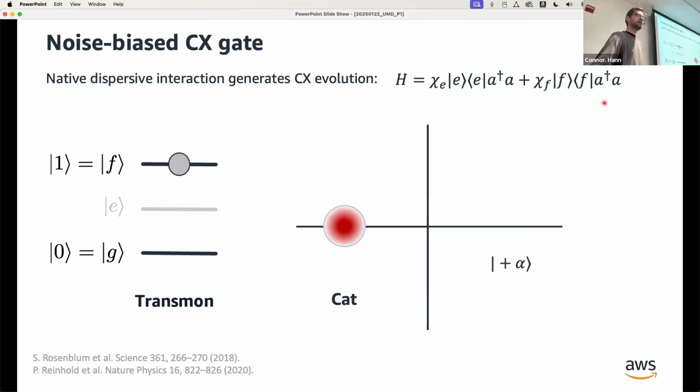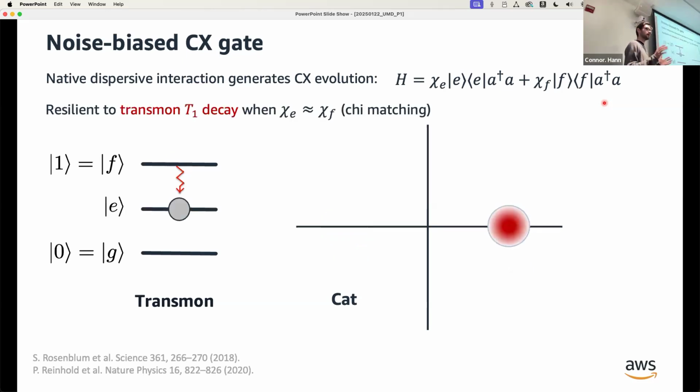If you wait for an appropriate amount of time, this will map the plus alpha state to the minus alpha state, effectively realizing a bit flip in the cat from plus alpha to minus alpha. And so from this Hamiltonian, we directly get the desired CX gate behavior, where if the transmon's in G, nothing's happened, but if the transmon is in F, we get a bit flip from plus alpha to minus alpha. So that gives us the CX gate.